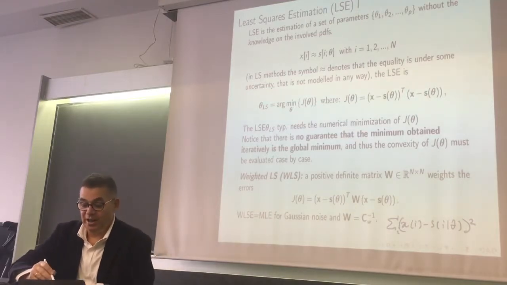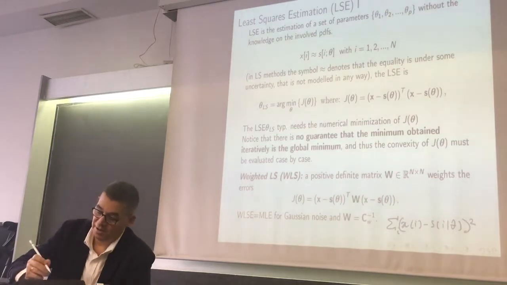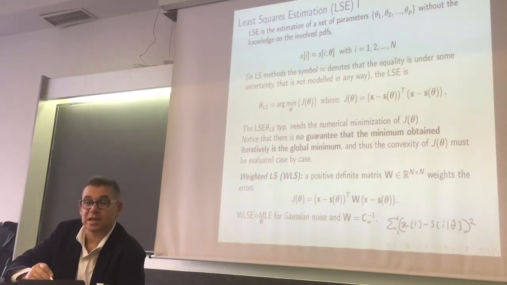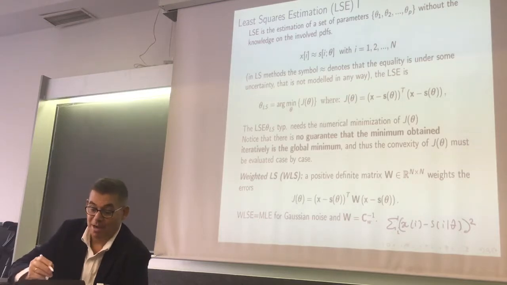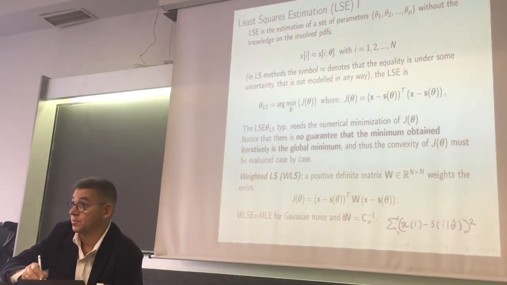If the noise is Gaussian, then the weighted least square coincides with the maximum likelihood, and by the way, if the problem is linear, the error is equivalent to the Cramer-Rao bound, only if I choose the weighting factor to be equal to the inverse of the covariance matrix of noise.